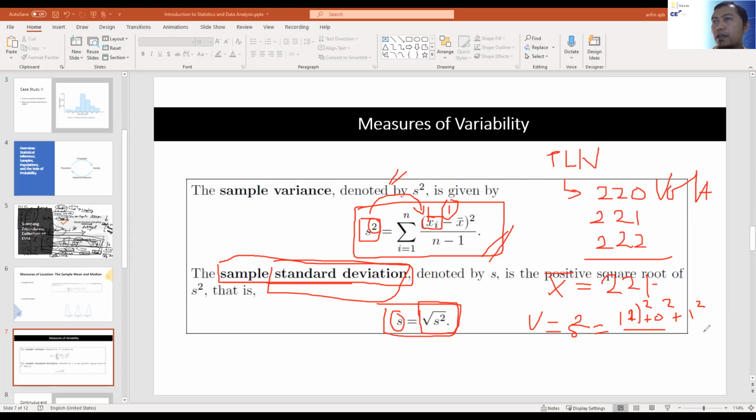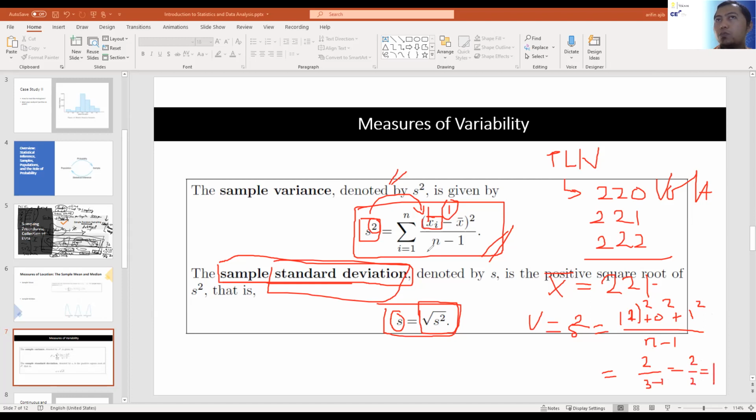Okay, that's all, sum up together, and divide by n minus 1, which is 3 minus 1, so 2 divided by 2 equals 1.